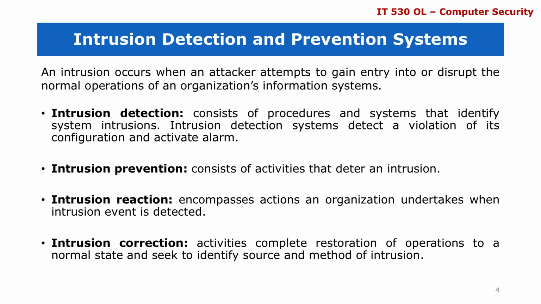Intrusion correction involves all the activities that are in place to ensure a complete restoration of operation to a normal state, as well as identify what has been missing or stolen, where the source is, and what type of attack was implemented, and all those details that will narrow down as much as needed to identify the attack, as well as evaluate the damage that has been done.